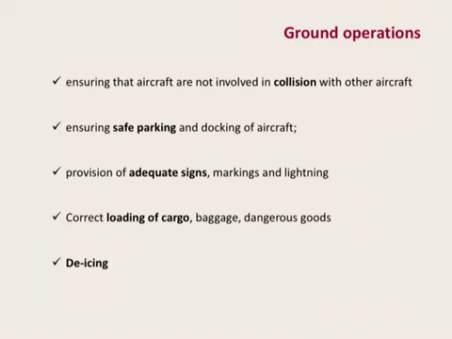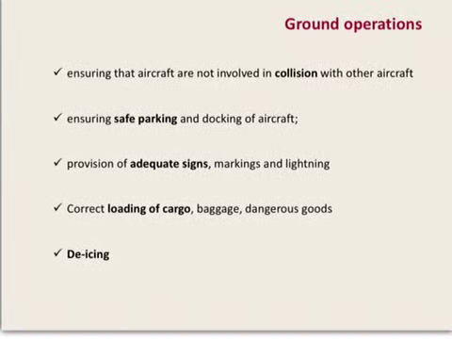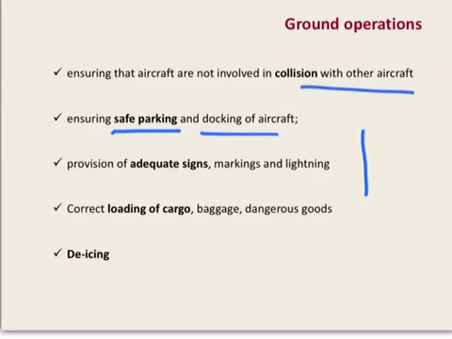Proper ground operation can increase the safety as well. One example could be by avoiding collision with other aircraft and airport facilities. Also by ensuring safe parking together with the docking of the aircraft. Or by provisioning adequate lights or signs to guide the aircraft.